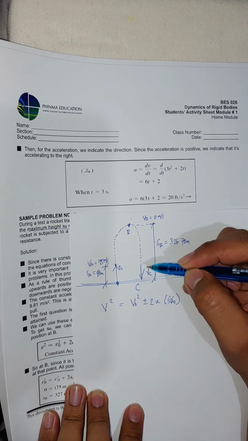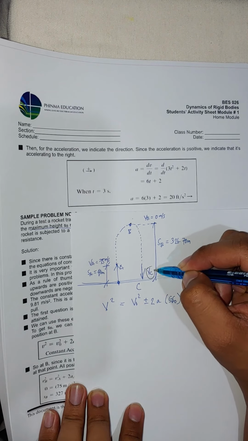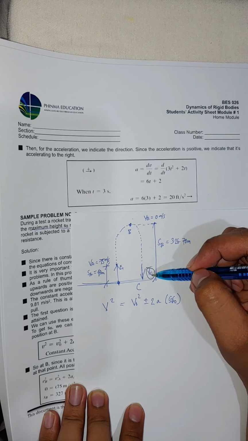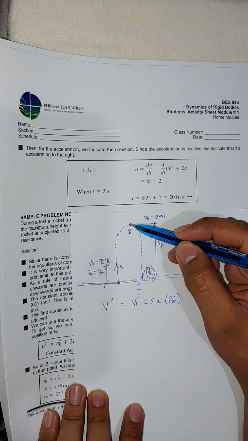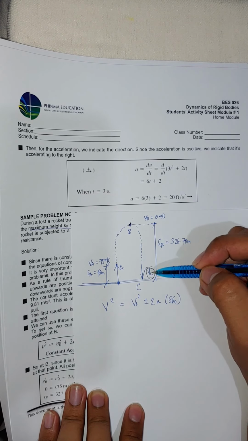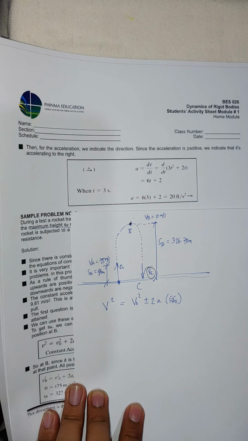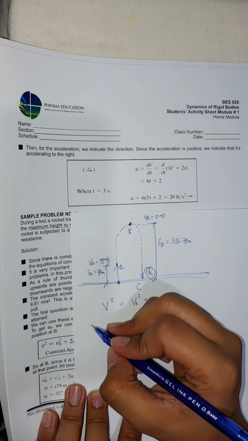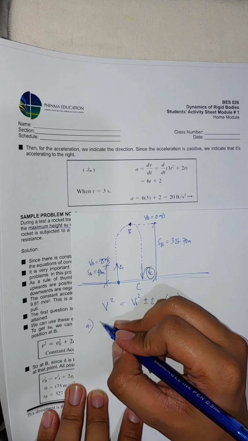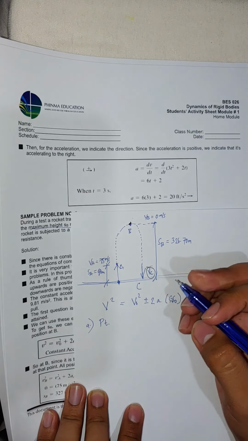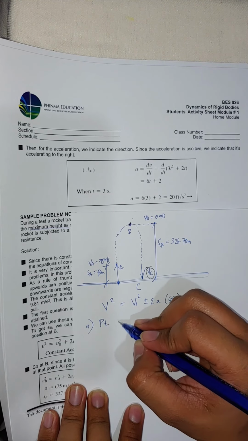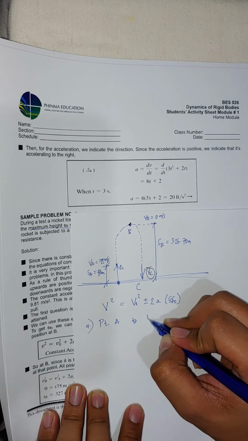We can use from point A to point C to solve this VC, the velocity just before it hits the ground, or we can use from point B to C. I want to show you first the solution from point A to point C.